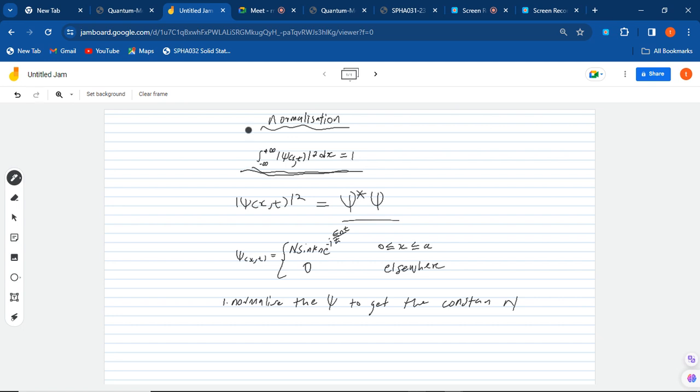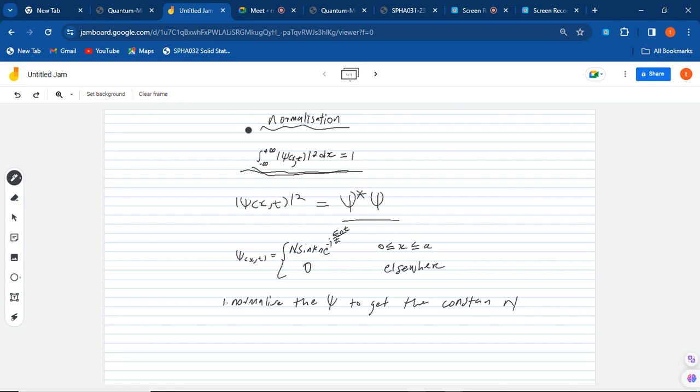This one is the same as the original wave function, and this one is the complex conjugate of that wave function. So how do we get the complex conjugate of that wave function?